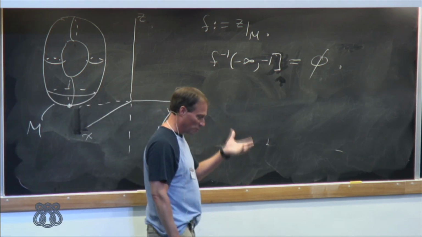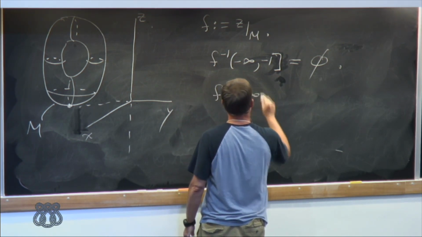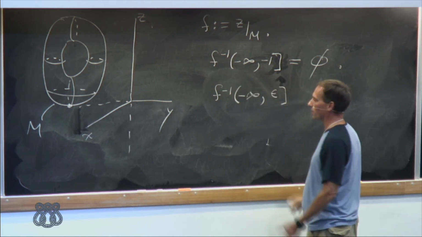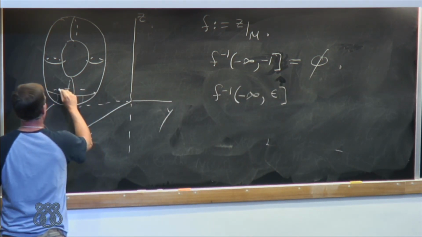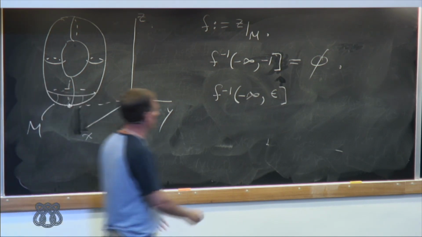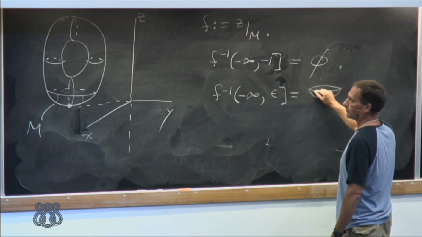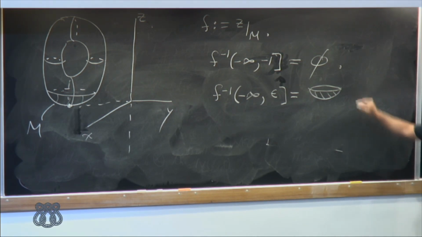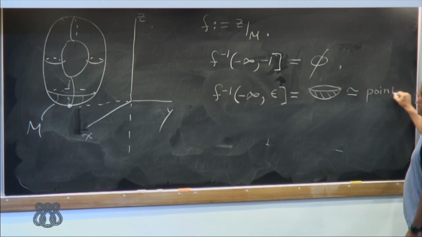And what happens as you pass through that critical point? So what is f inverse of minus infinity to some epsilon, where epsilon is just greater than 0? Well, actually, I've got it pictured right here. You get a disk, which has the homotopy type of a single point. Now here's a bizarre way of looking at it.